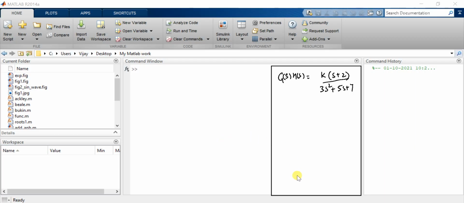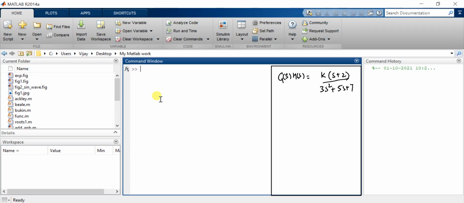We can simply do it by using the rlocus command. First define the n matrix, which is the numerator matrix of the transfer function, and the d matrix, that is the denominator matrix of the transfer function. So n should be equal to, the coefficient of s is 1 and that of the constant is 2.